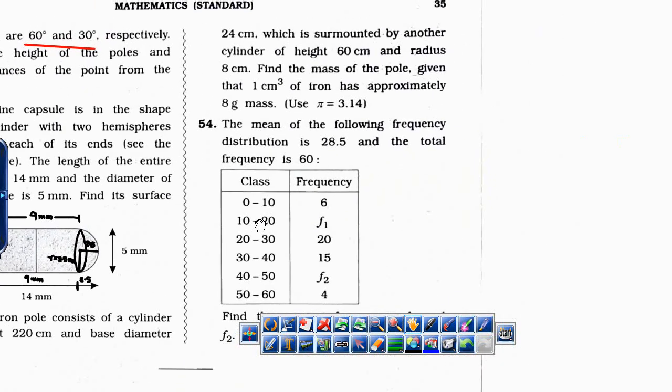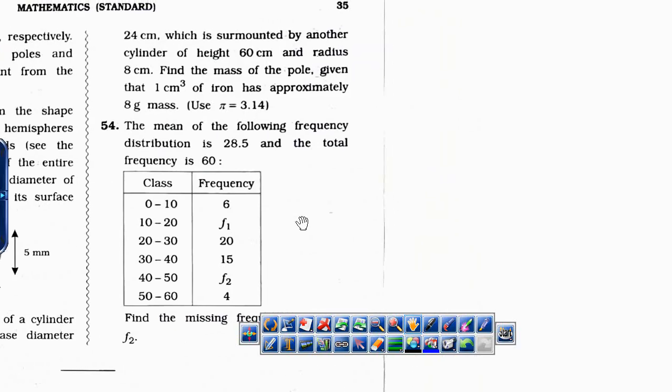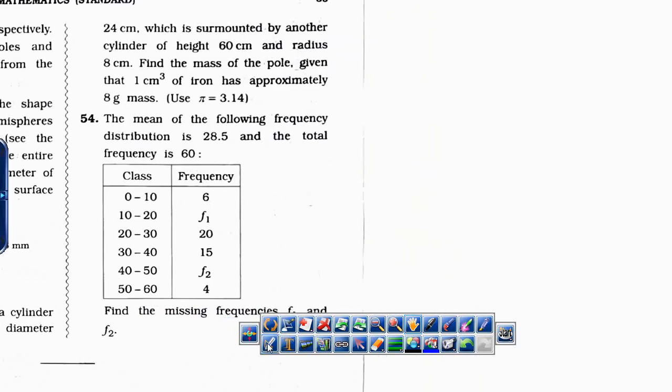Height 220, diameter 24, height 60, radius 8. Surmounts. Okay. The figure looks something like this.